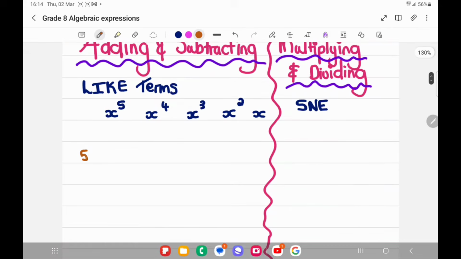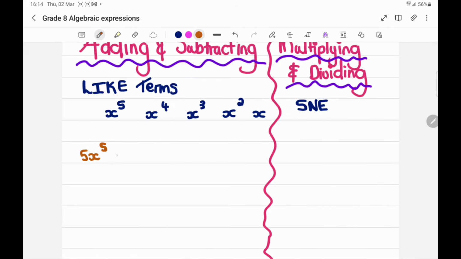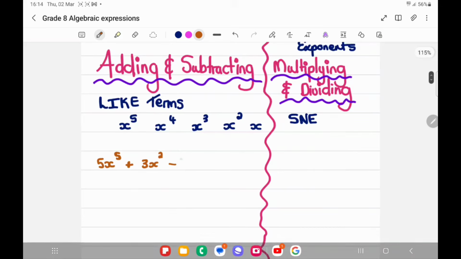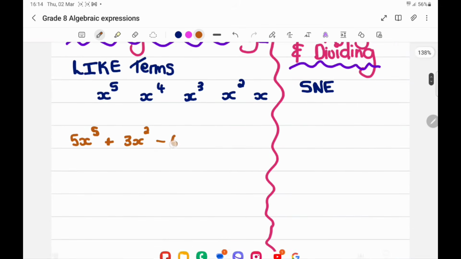So if I've got 5x to the power of 5 plus 3x to the power of 2, minus 6x to the power of 5, minus 2x squared plus, let's say, y plus x.